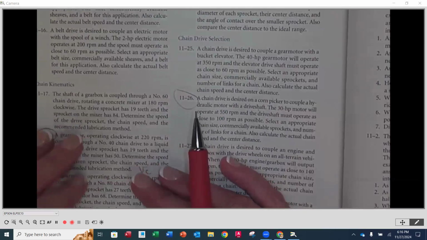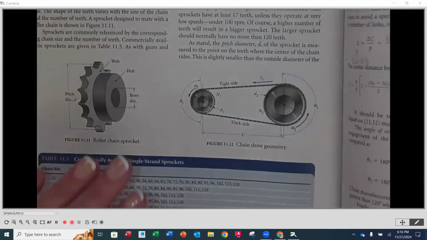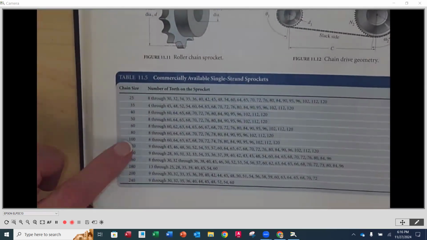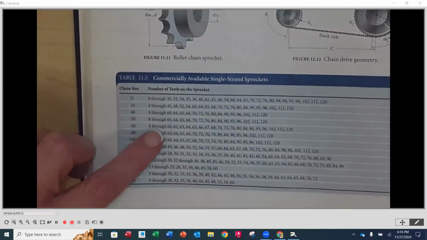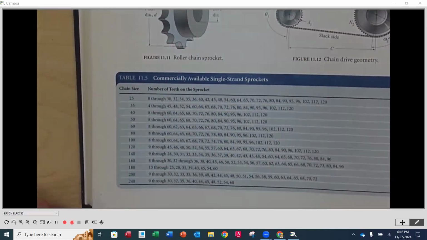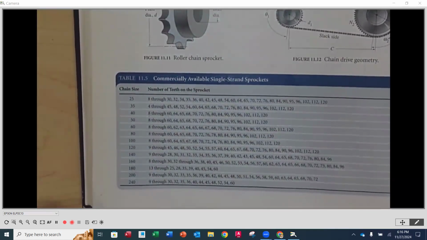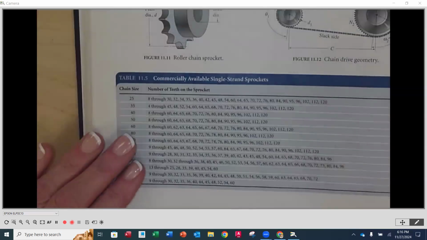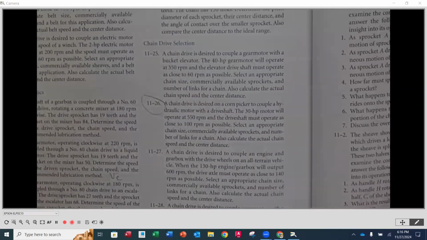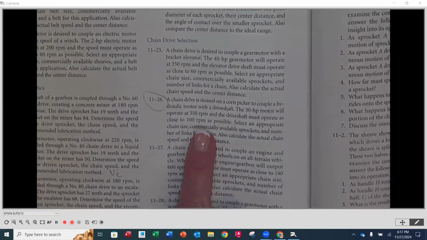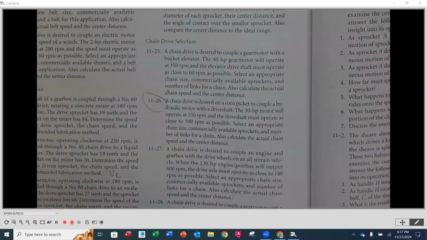So this is where you are going to reference this chart right here. Once you pick your chain size, your sprockets are going to be listed on the row. So that's what we checked with our 18 and our 90 on the last example. You'll be picking your set, because this time they're not giving you the number of teeth on the driver sprocket.